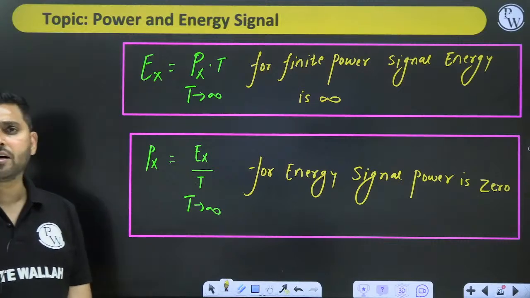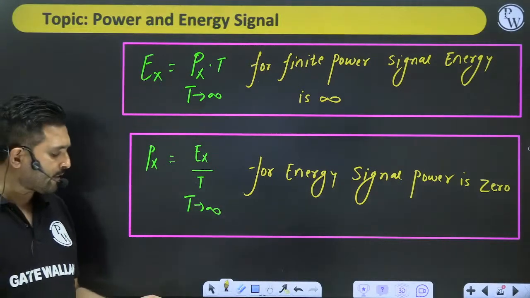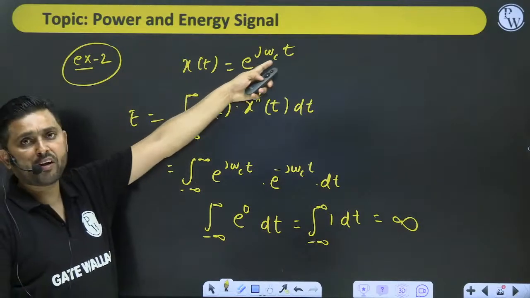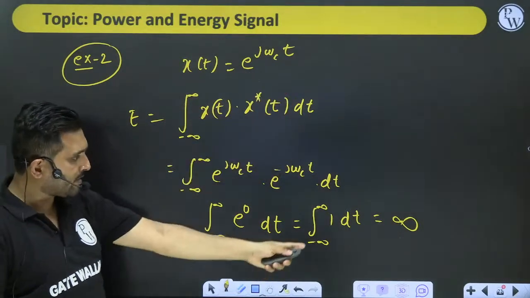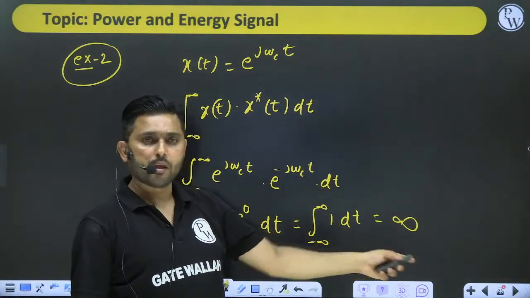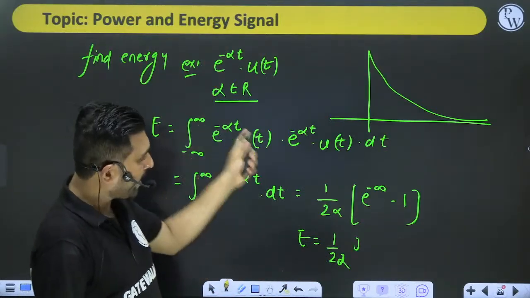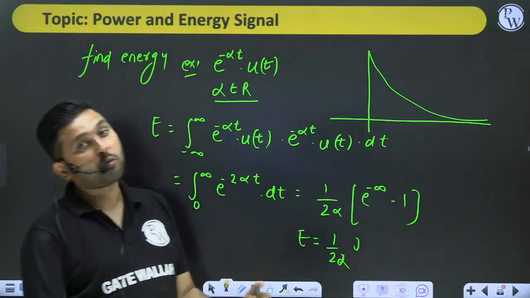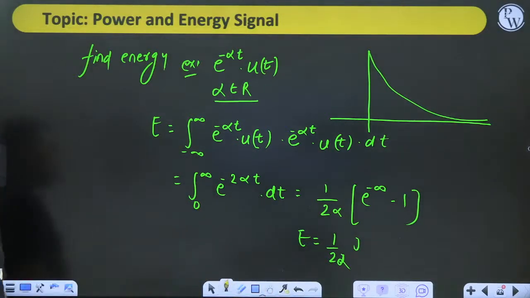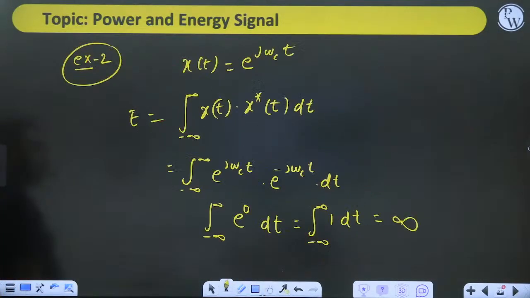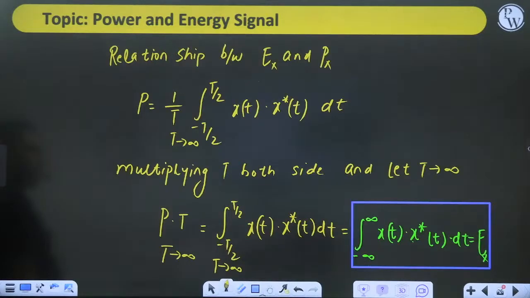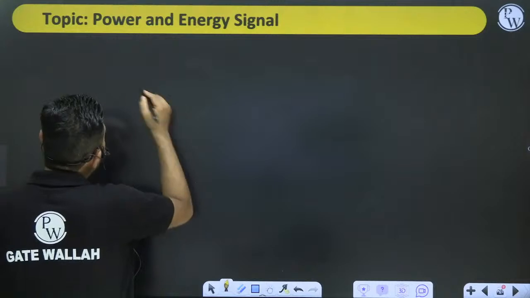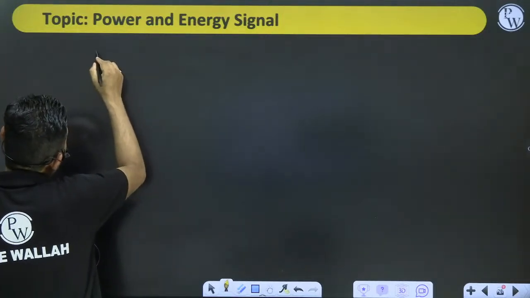If a signal is power, then its energy comes out to be infinite. This signal was a perfectly power signal, and hence the energy comes out to be infinite. Now this is a perfectly energy signal. If you take the power, then the power comes out to be surely 0. That's 100% sure. Okay, fine. So this is what we have derived.